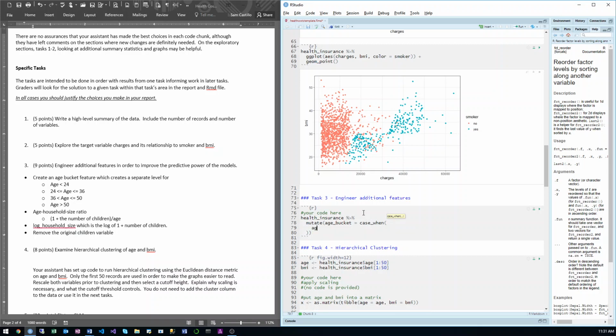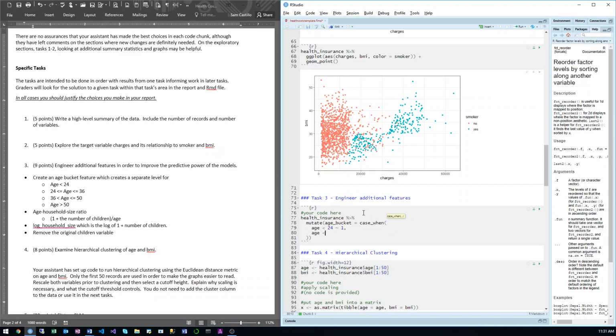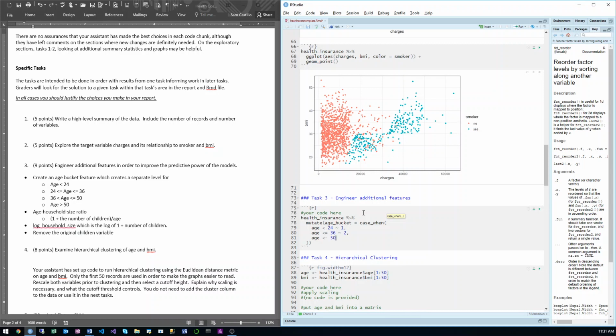Case when age is less than 24, then it's going to go to 1. Age less than or equal to 36, then it will go to 2. Age less than or equal to 50, then it will go to 3. And age greater than 50 will go to 4.